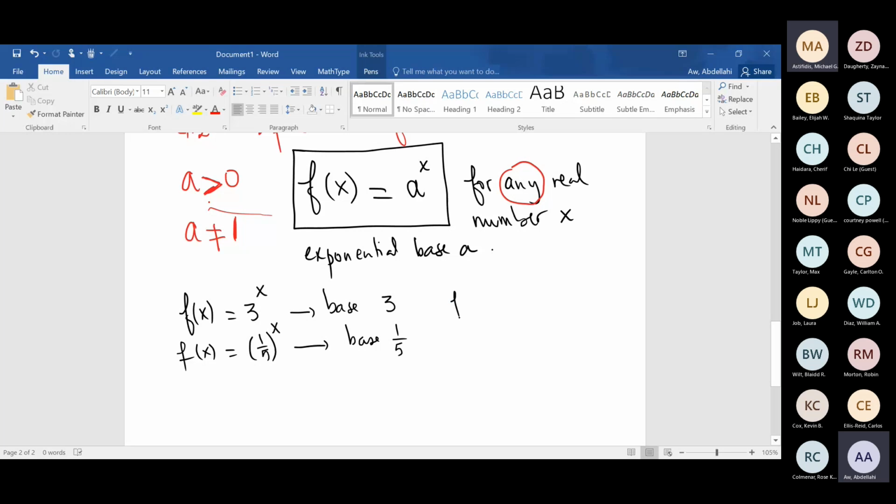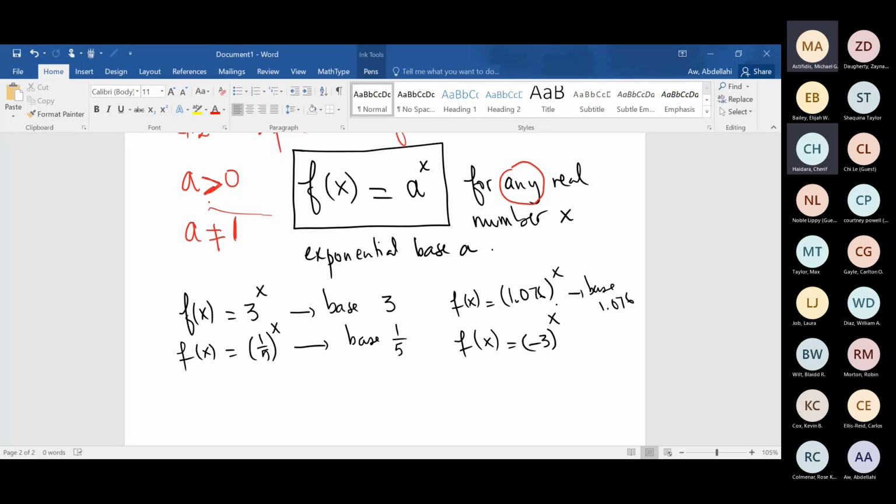F of x equals 1.076^x. This is base 1.076, right? If I say f of x equals (-3)^x, that is exponential base what?